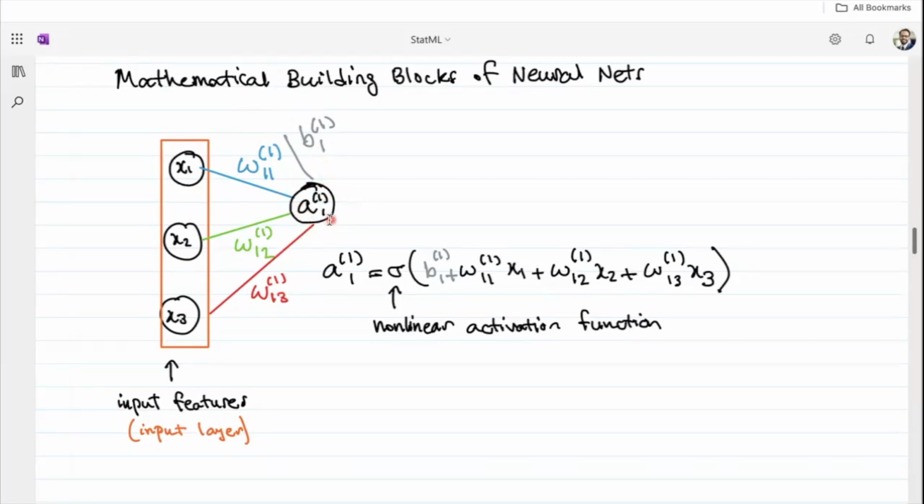But here is the main difference between neural networks and typical linear or logistic regression: after we find this weighted sum or linear combination, we also feed it to another function, which we call the activation function. The goal is that this should be a nonlinear function. Can this be a sigmoid or logistic function?